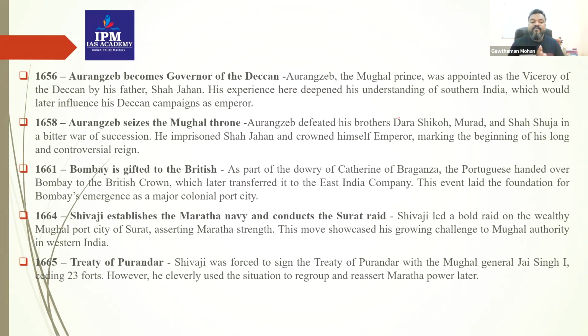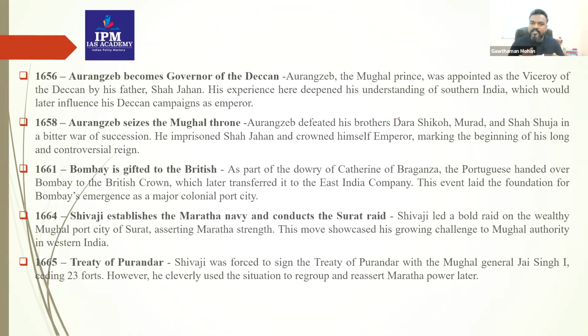In 1665, the Treaty of Purandar happened. What is the Treaty of Purandar? Shivaji was forced to sign the Treaty of Purandar with the Mughal general Jai Singh I, ceding 23 forts. However, he cleverly used the situation to regroup and reassert Maratha power later. Now you may think that Shivaji was defeated and was surrendering his territory to the Mughal Empire.